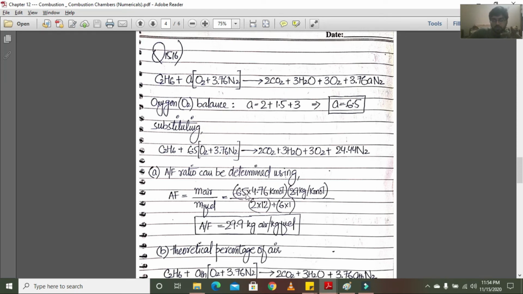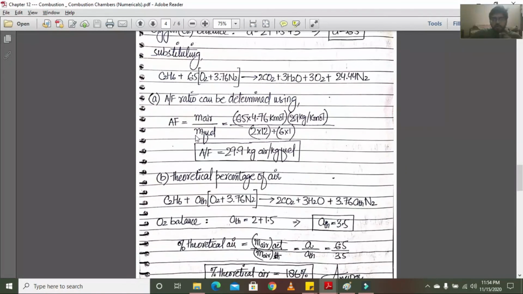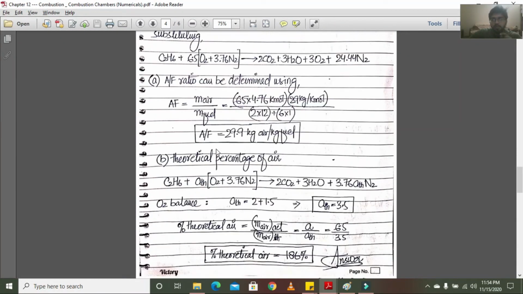So 6.5 multiplied by 4.76, this is the number of moles with the molecular mass, that is 29, and divided with the mass of the fuel. So simply determine the molecular mass of the fuel, and that is 2 times 12 plus 1 times 6. So the air fuel ratio is coming out to be 29.9 in this case.